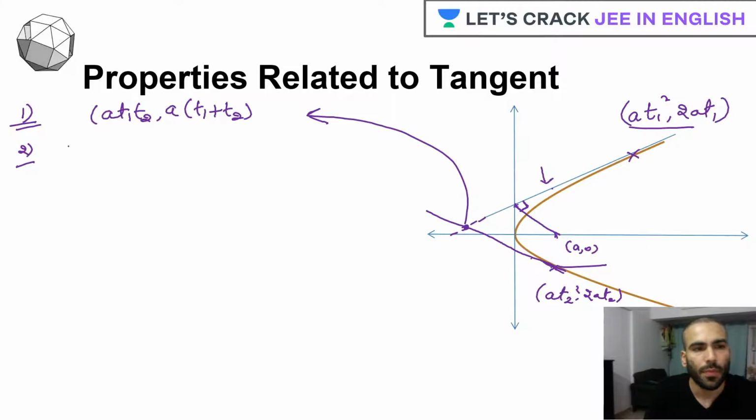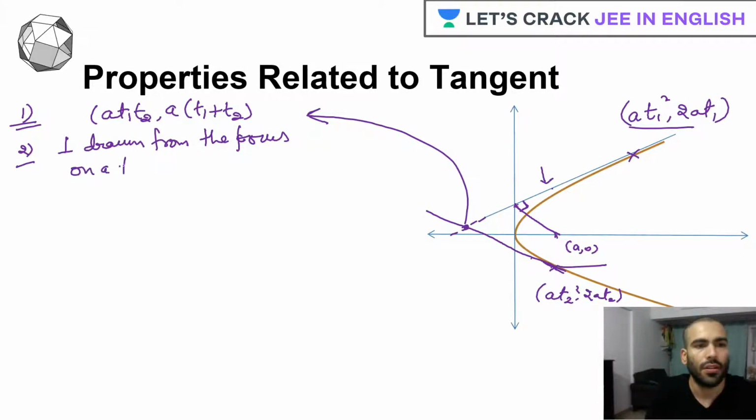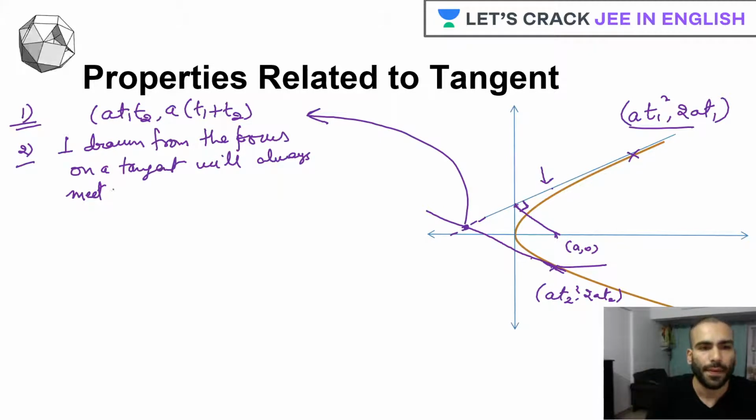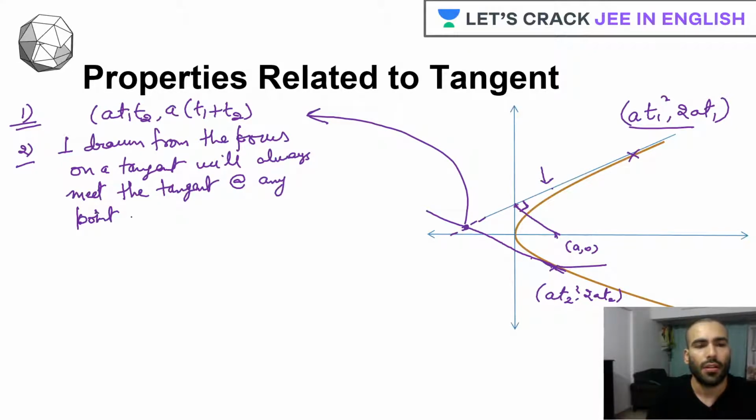So I would write it like this: a perpendicular drawn from the focus on a tangent will always meet the tangent at some point on the tangent drawn at the vertex of the parabola.